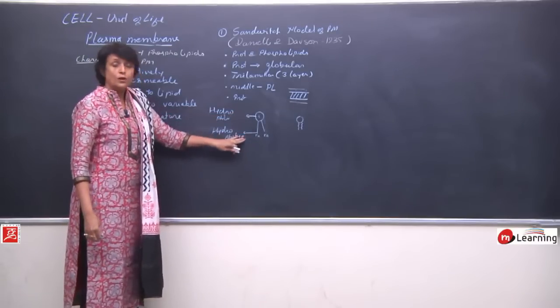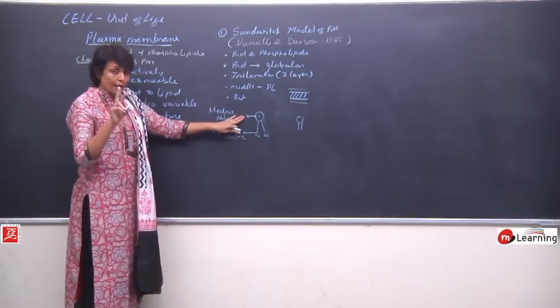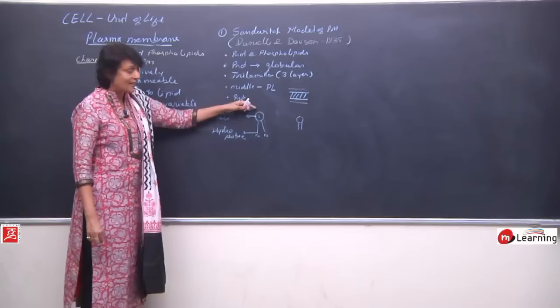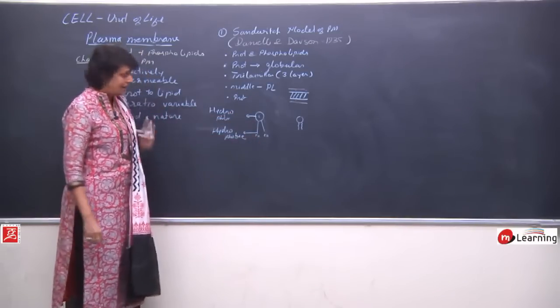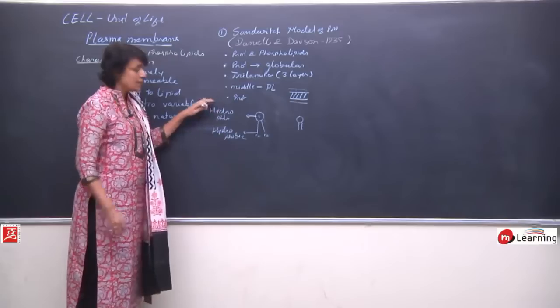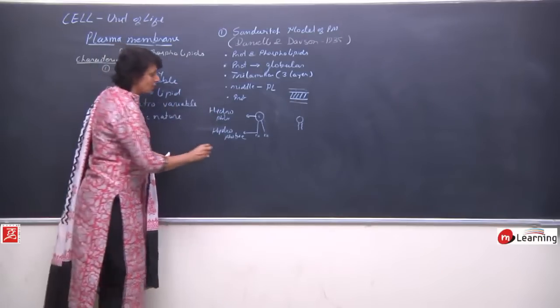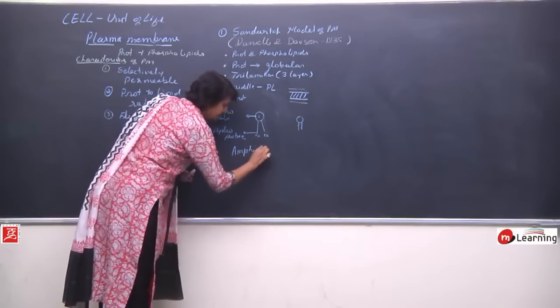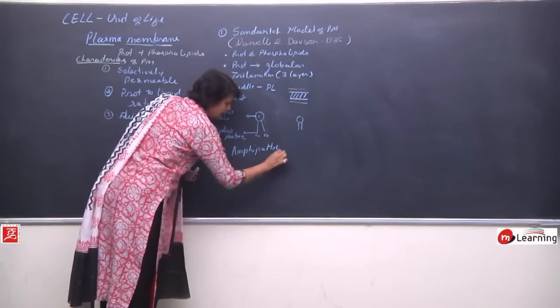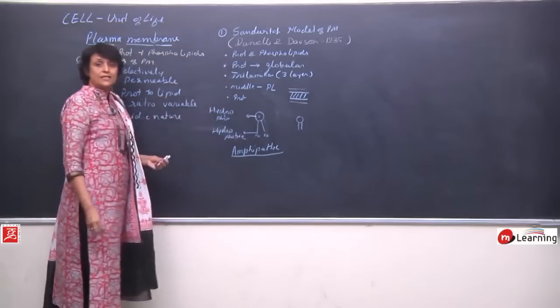So this phospholipid molecule has 2 ends, one hydrophilic head end and the other a hydrophobic tail end. Any molecule which has 2 opposite ends is known as amphipathic. So the phospholipid molecule is amphipathic.